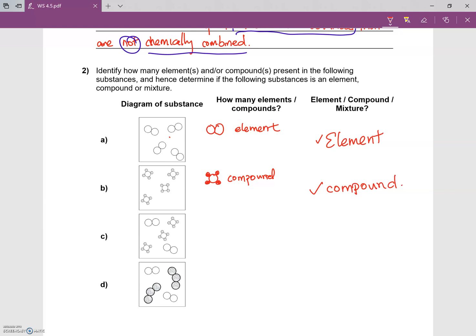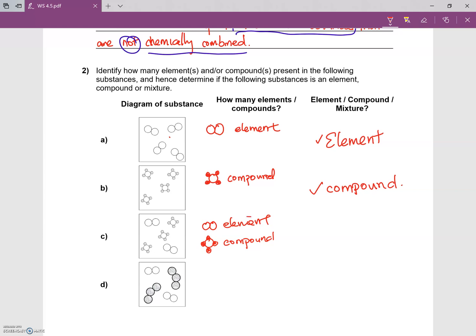Now, let's look at part C. There are two white circles here. They are both the same thing, so we consider this an element. There's also another pattern, which is a circle with four shaded circles around it. Can you see it is two different types of atoms chemically combined together, so we consider it a compound. So substance C is made out of one element and one compound.